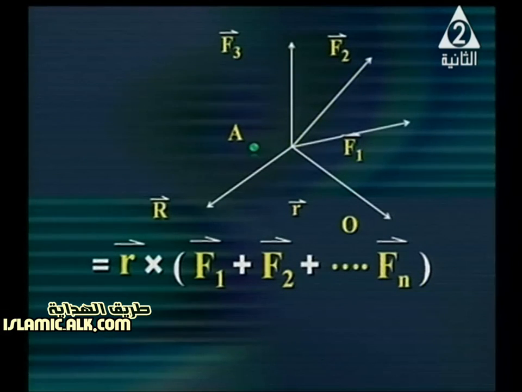This equals R cross the resultant vector, where capital R represents the resultant of all forces F1 plus F2 plus F3 and so on to Fn. Then we deduce that if we find the moment of many forces about a point, we find the moment of the resultant of these forces about the same point.